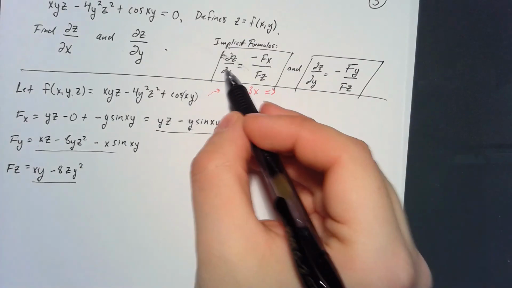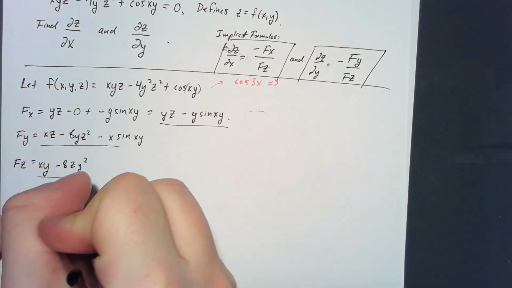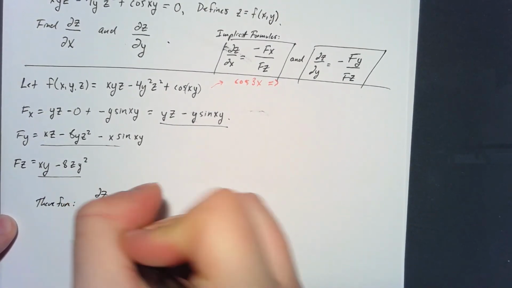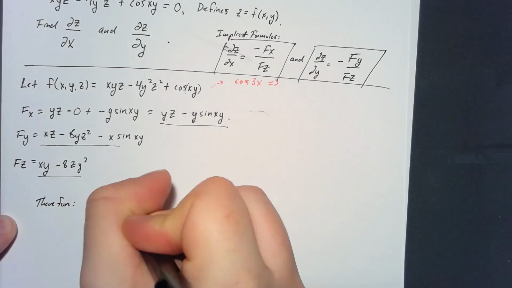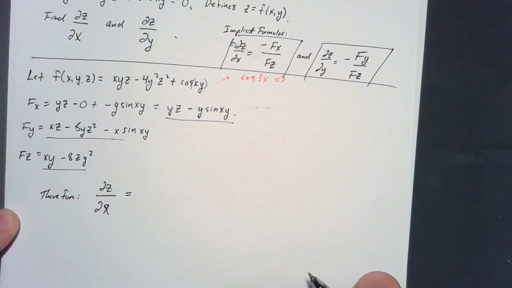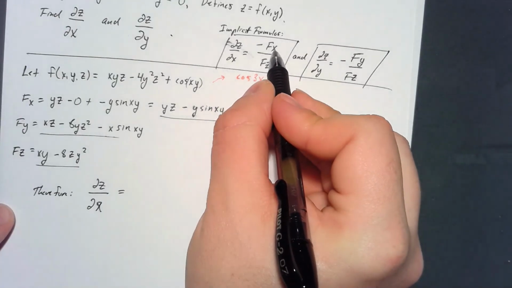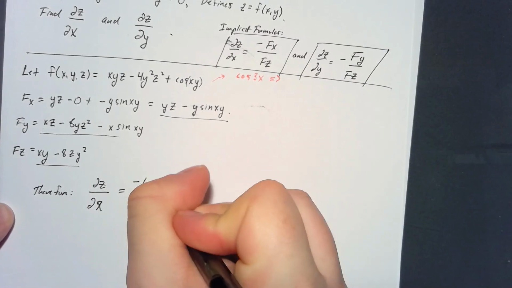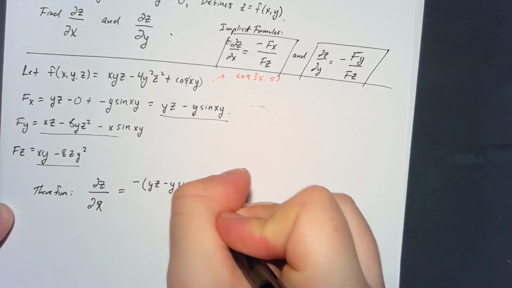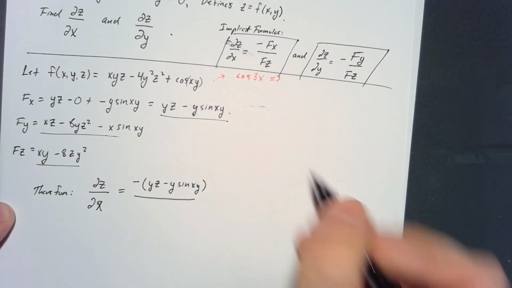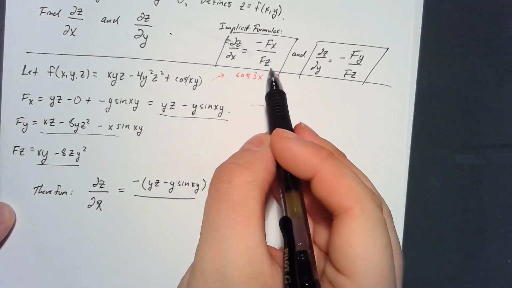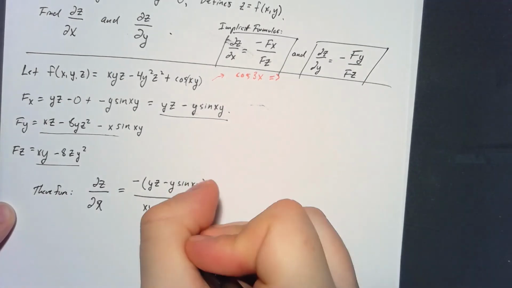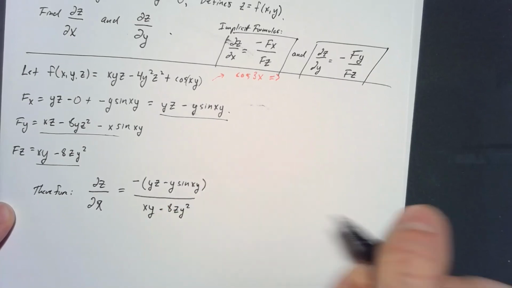So to get my answers, therefore, the partial of z with respect to x is going to be negative the function with x. So it's going to be negative of this. So it's going to be negative yz minus y sine xy all over f sub z, which is going to be this, xy minus 8z y squared.